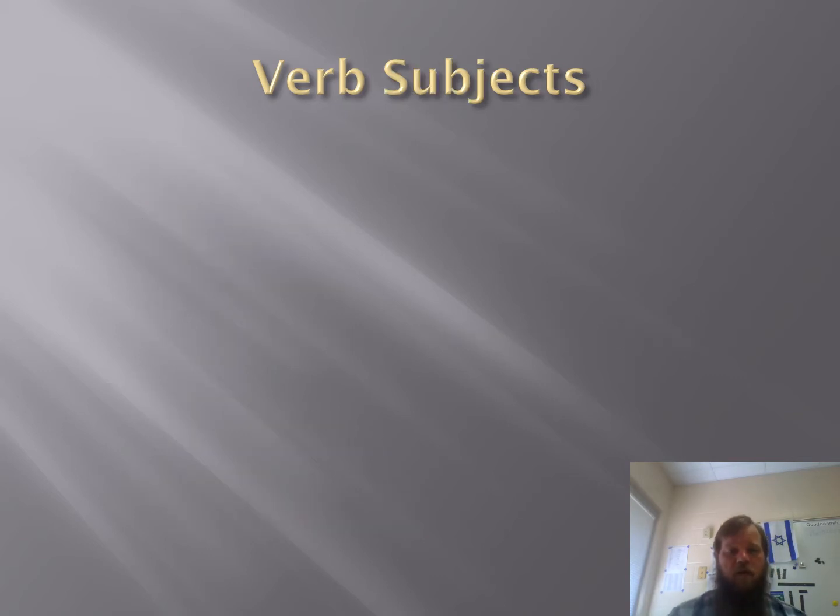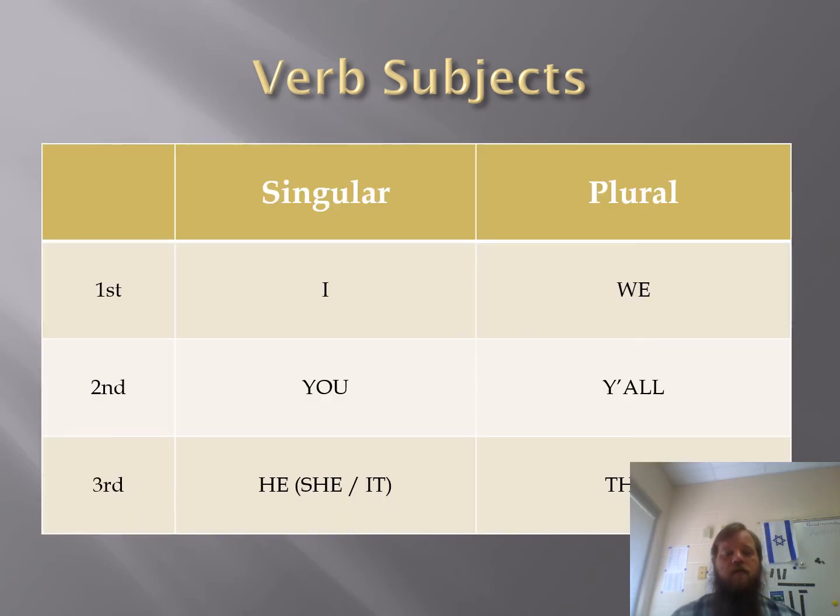All right. Hopefully this picks up right where we left off. Subjects, and it's going to cover that bottom one, which says they. So you'll have to make sure you've noted it. Your subjects are I, you, he, she, or it, but we're always going to use he by default. We, y'all, make sure you get that apostrophe in there.